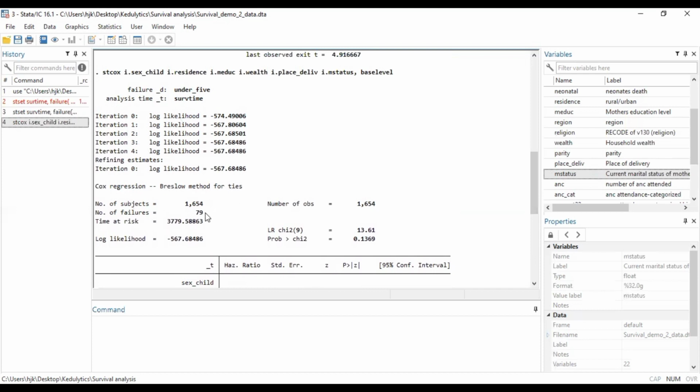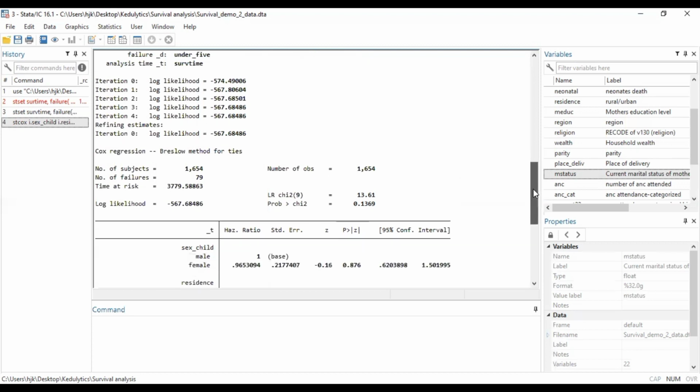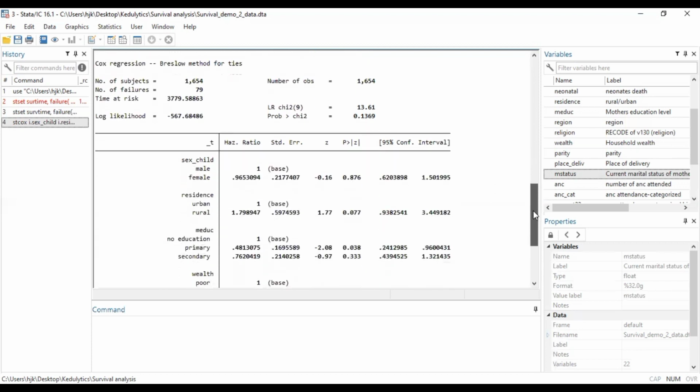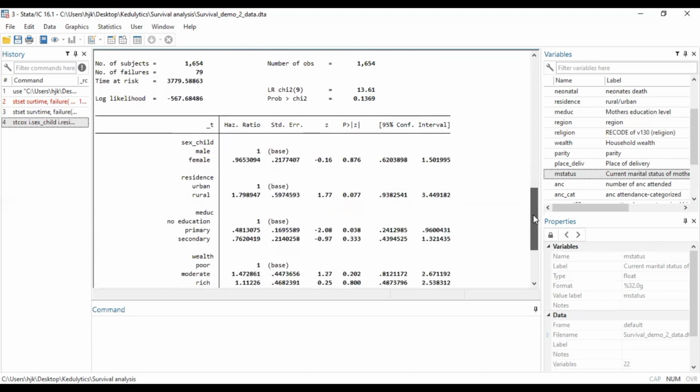Here we have the number of subjects, number of failures, and the total time at risk. Then there are the person years, the number of observations, the likelihood, then the p-value of the model. Here our model is not statistically significant, and so we don't want to use it for any inferential statistics.